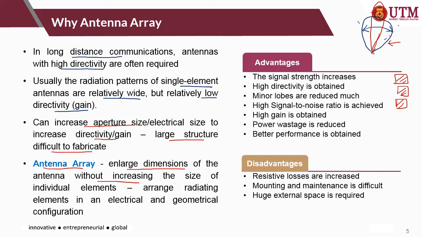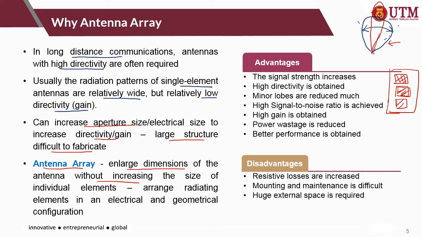So the size of the single element is more or less the same, but by having the array configuration, we can have a larger electrical dimension of the structure, so that we can have a higher directivity of the antenna.